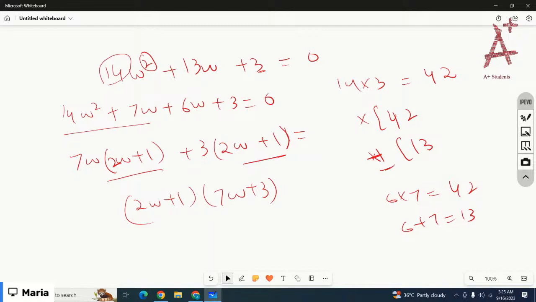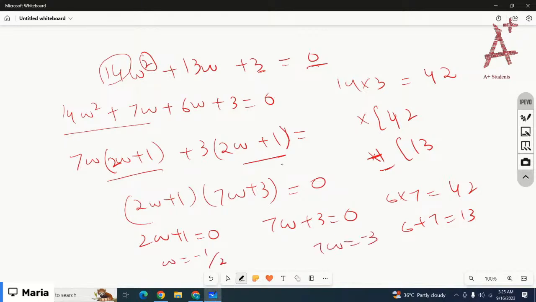To solve for w, equate each factor with 0. So 2w plus 1 equals 0 and 7w plus 3 equals 0. So 2w equals negative 1 and w equals negative 1 over 2. 7w equals negative 3 and w equals negative 3 over 7, right?